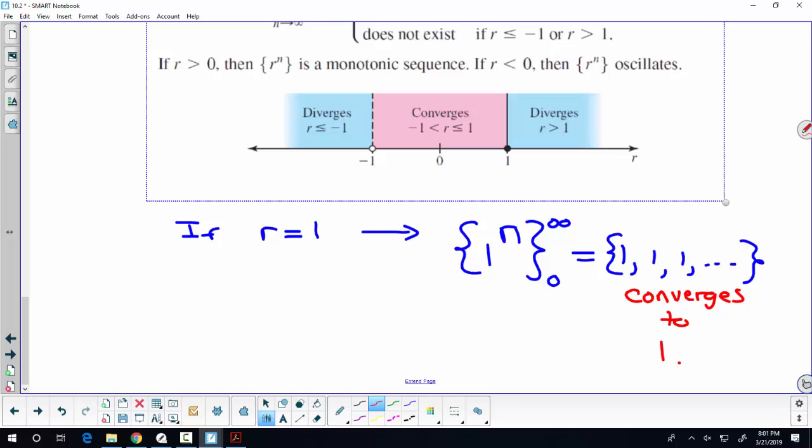Out here and out here, we saw with the 1.4 to the n, for example, and the negative 1.4 to the n, it diverges. Inside, where it converges, the 0.4 and the negative 0.4, for example. What if r is negative 1? Oh, no, it oscillates.